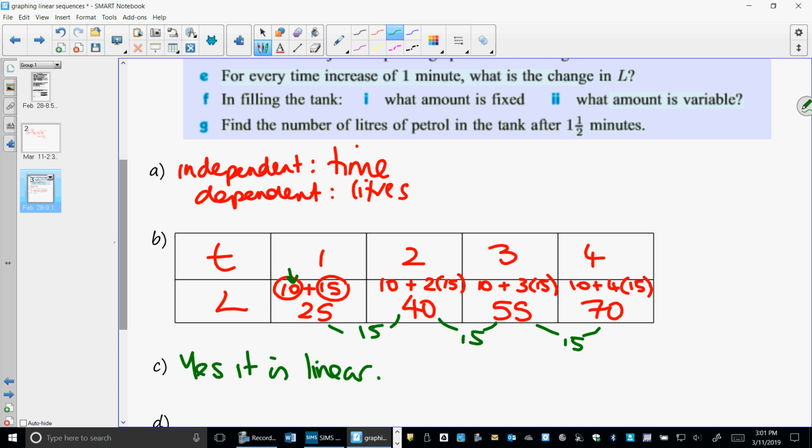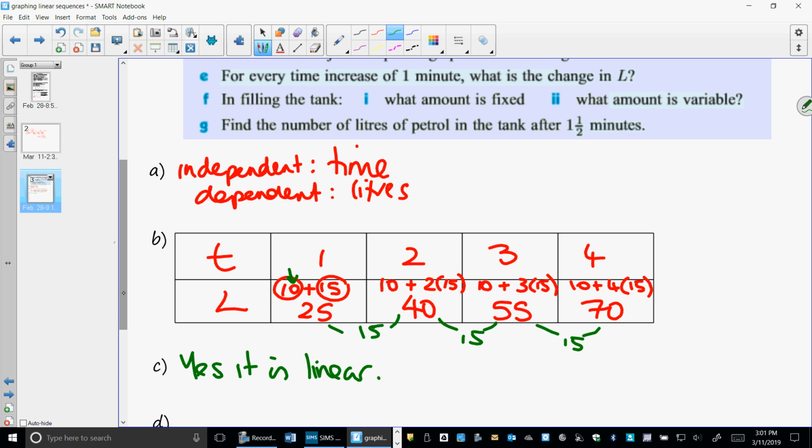So after 1 minute, which is what our time is, we're going to have the 10 that was already in there plus 15. And then after 2 minutes, we've got 2 lots of 15 plus the same, yes?